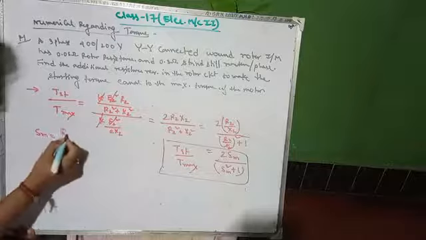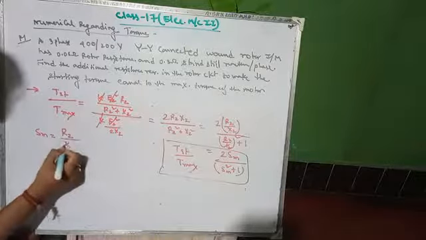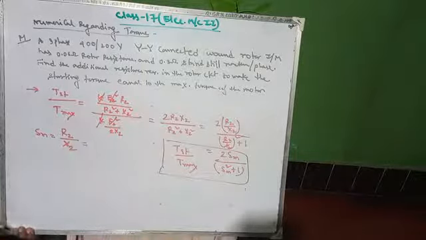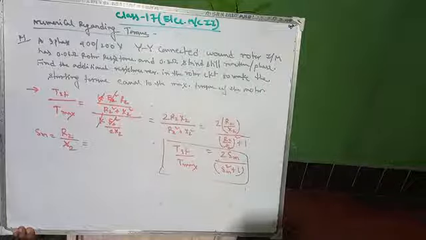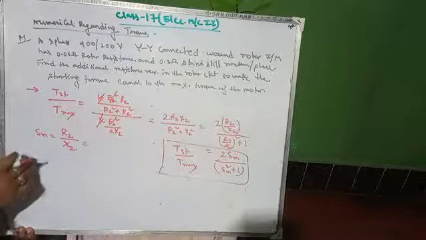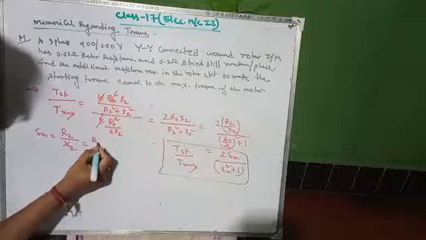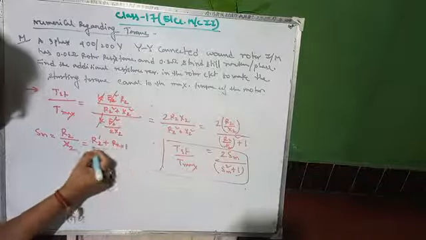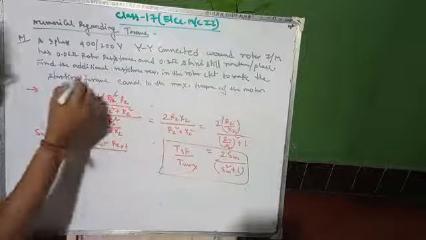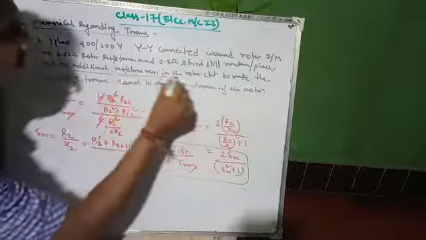Now here we first have to find Sm. Sm equals R2 by X2. Sm means the slip for maximum torque. For this numerical you have to put R2 equal to whatever the R2 in the previous case plus the external resistance which should be connected in the rotor circuit.